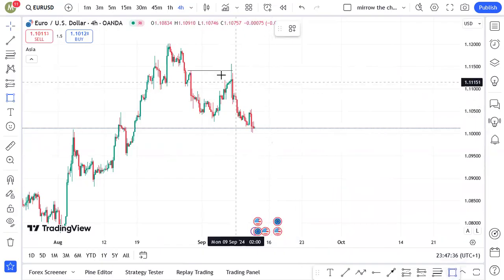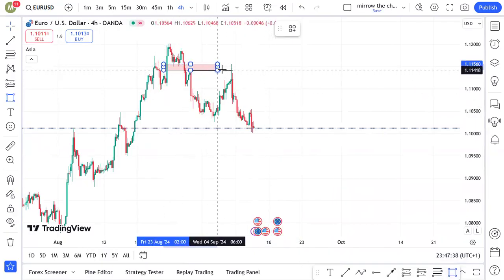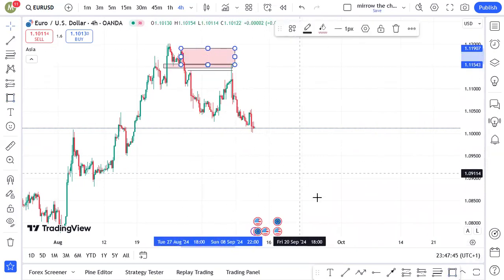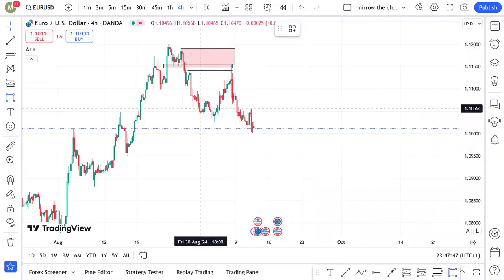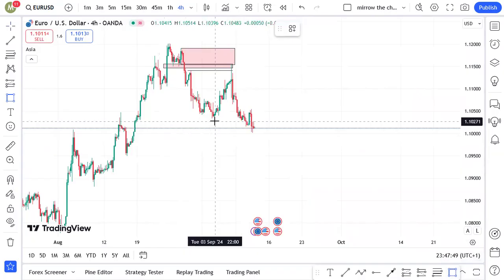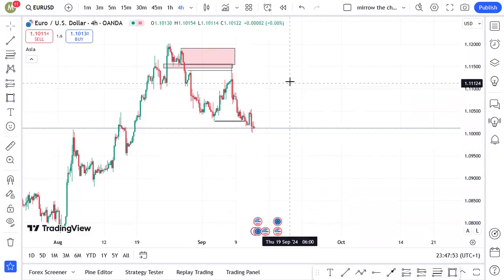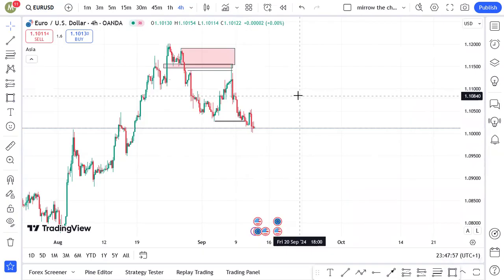Those liquidities that are inside, those fair value gaps, those other blocks, they are what makes this range structure valid. They give it high probability to play out.